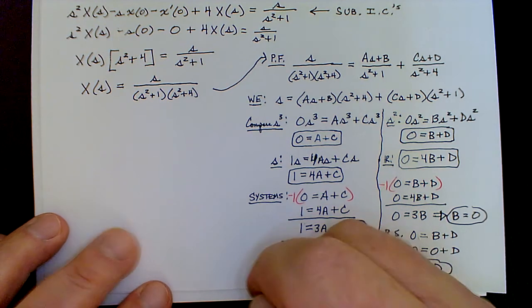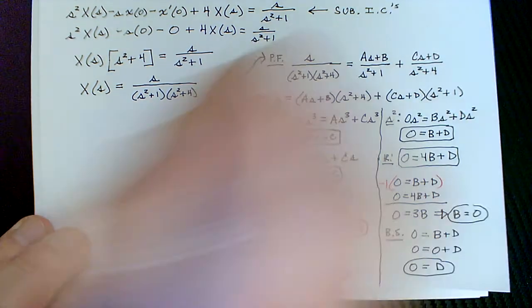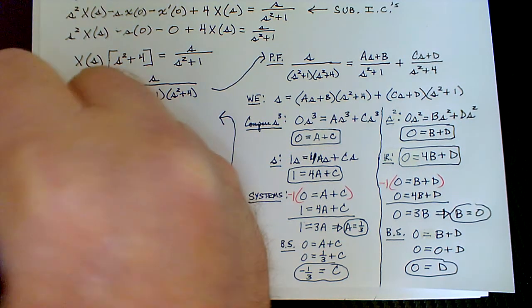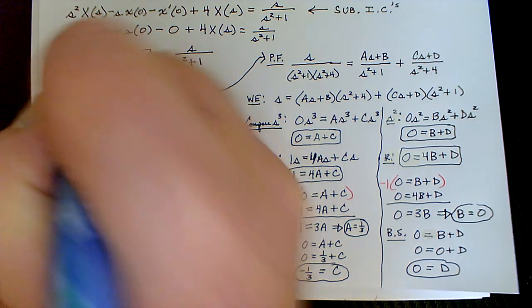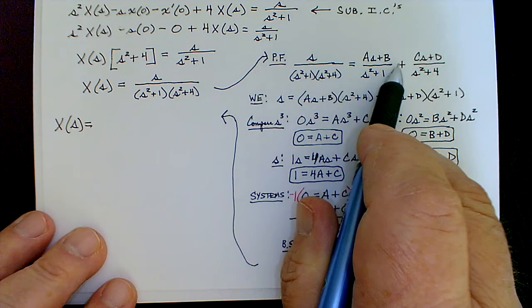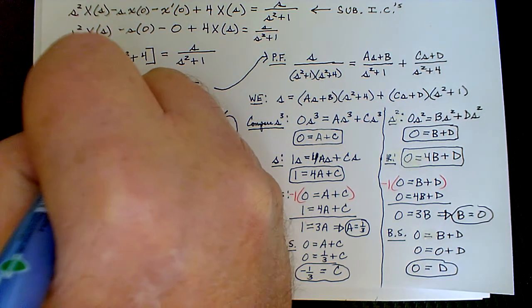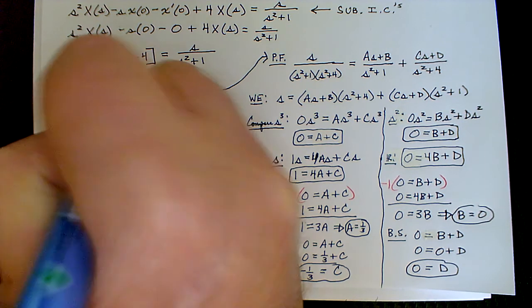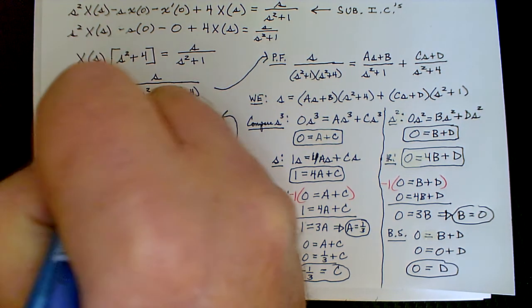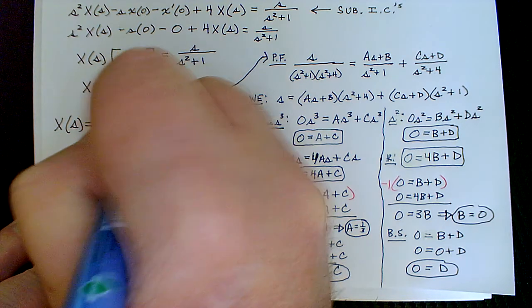Okay, so now back up to x of s. In terms of the partial fraction decomposition, as plus b, a was positive 1/3, so 1/3 s over s squared plus 1, because b is 0, so no need to write it.